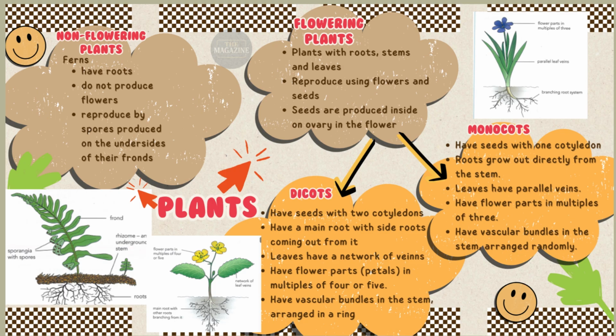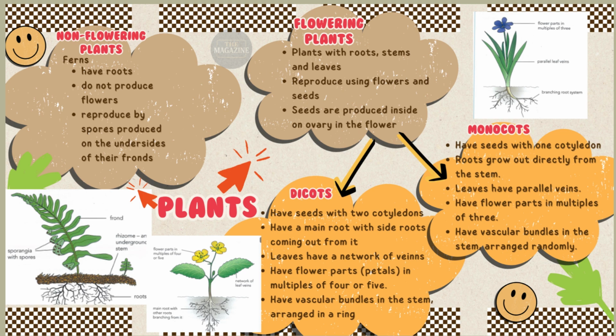When discussing monocotyledons, as I already mentioned, they have seeds with one cotyledon, and roots grow out directly from the stems, with no branches. Next, leaves have parallel veins, not a web.